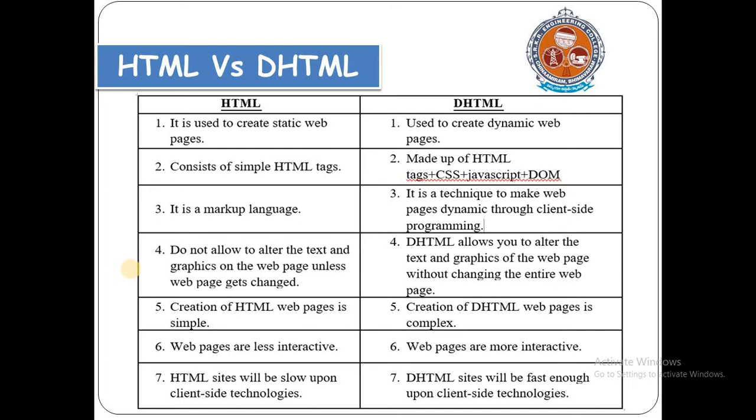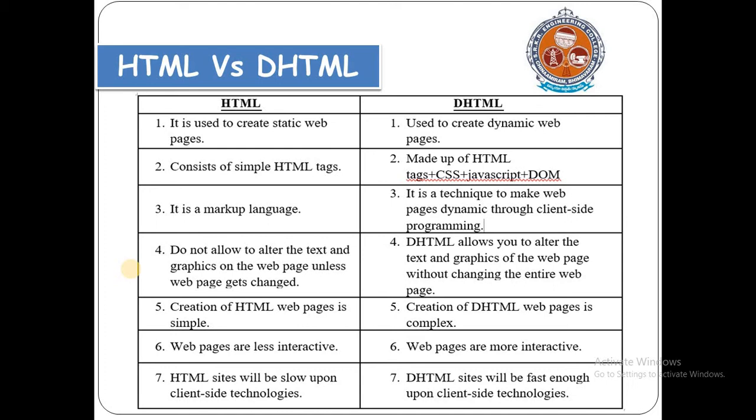HTML sites will be slow upon client-side technologies, compared to DHTML, which is fast when we use client-side technology. To summarize, DHTML is the combination of HTML plus CSS plus JavaScript, adding more dynamic behavior to the web pages.